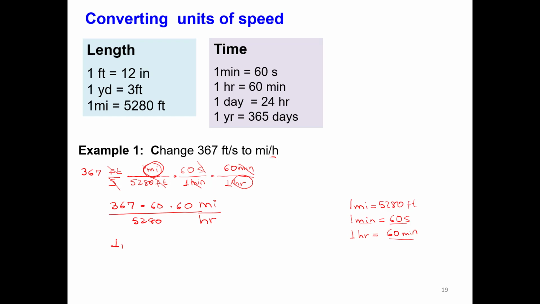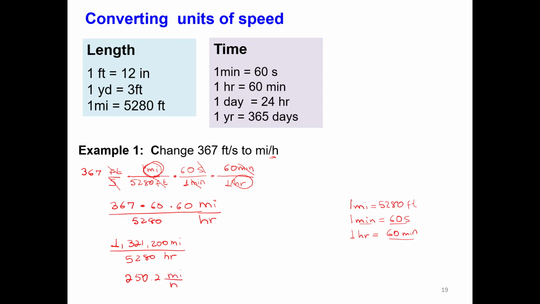On top we had 1,321,200 miles, divided by hours. If we divide these two numbers, we get 250.2 miles per hour.